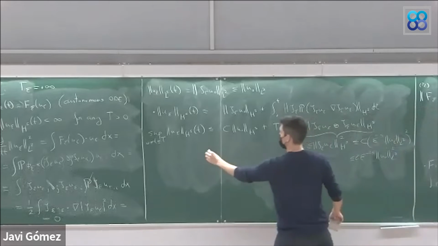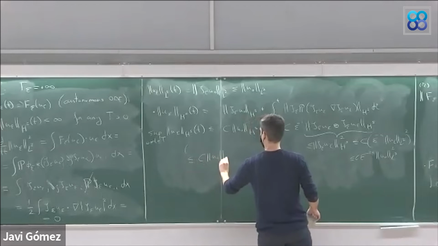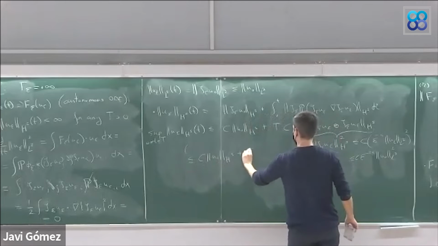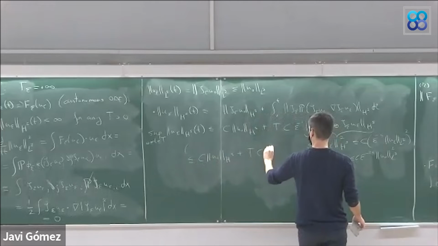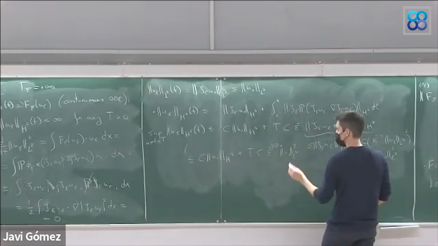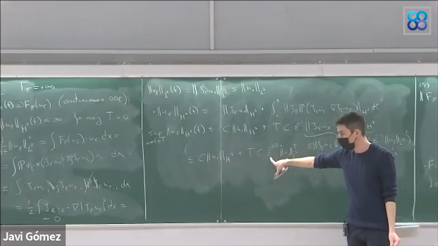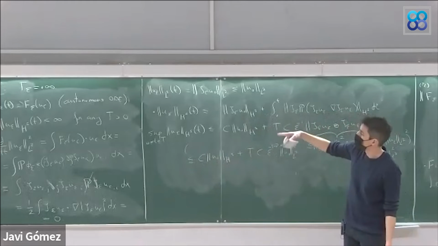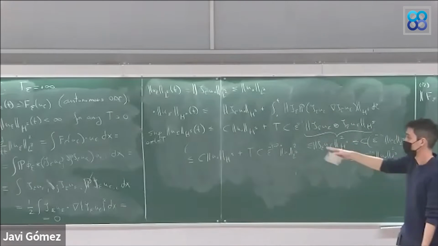So in the end, all this is less or equal than the HS norm of the initial data plus T C epsilon to the minus 1 minus 2s. It doesn't really matter what the constant is. The thing is that for every fixed epsilon and fixed T, we have a bound. So the solution can be continued for all time in capital T.